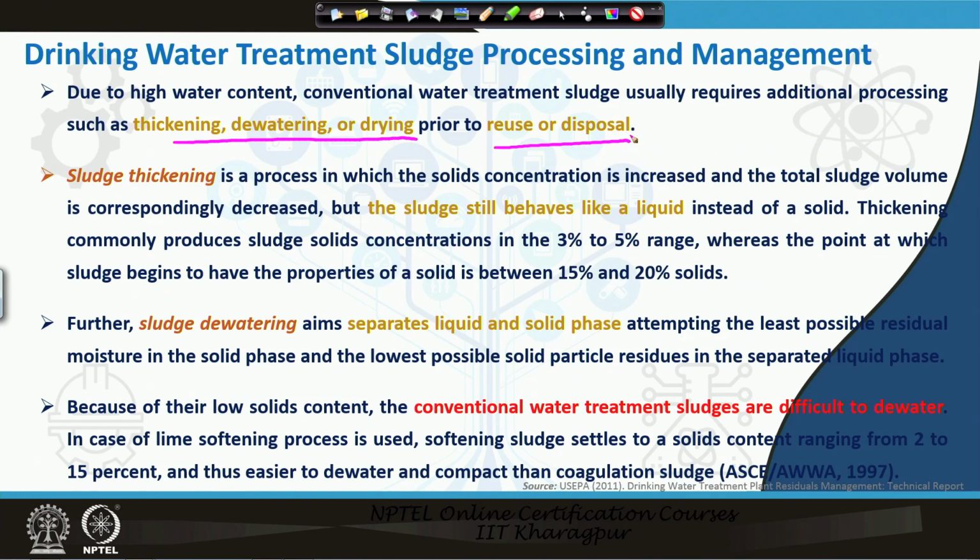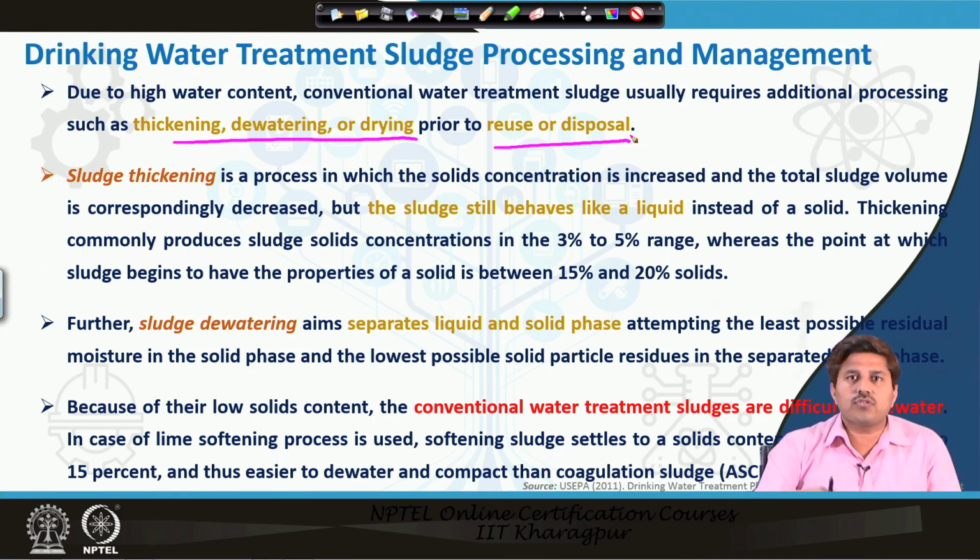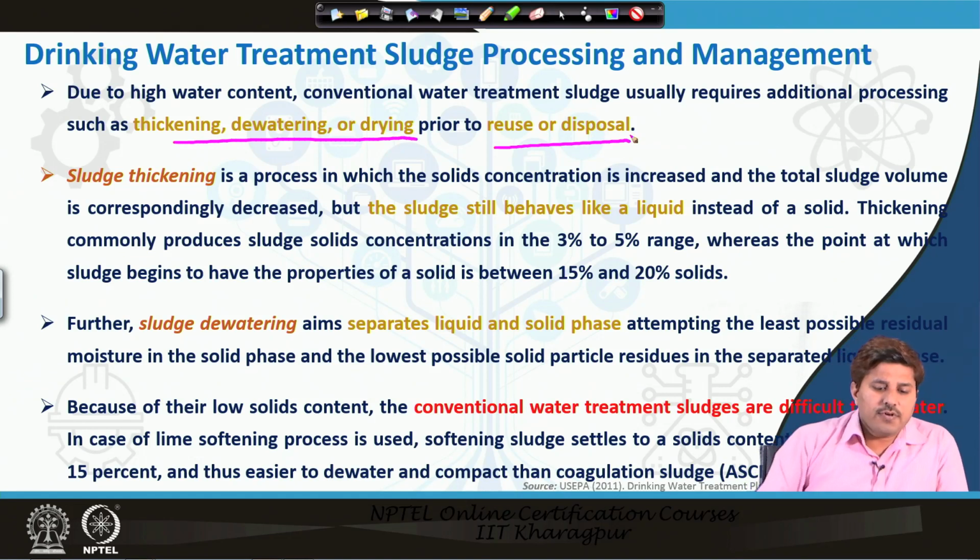So, it is practically a liquid. If you want to handle that as a solid waste or convert it to a solid material, we need to dewater it, increase the solid content and reduce the water content in the sludge. For that purpose we use thickening, dewatering or drying processes.